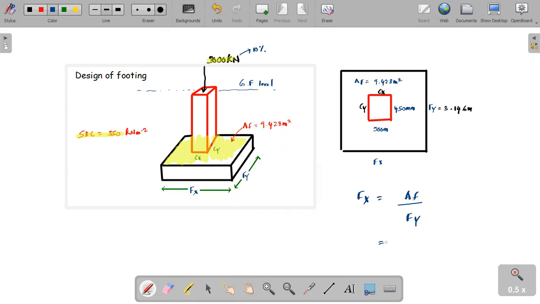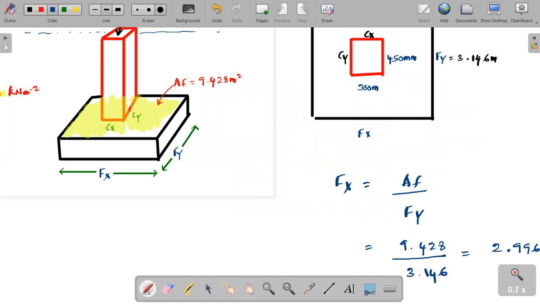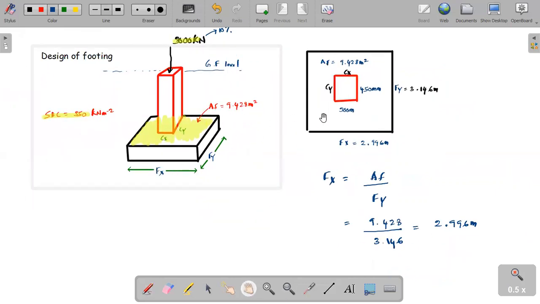So Fx should be equal to AF, we found 9.428, over Fy, we found 3.146. You can just divide this one. It will be equal to 2.996 meters. Then we found the Fy and Fx of this footing. So Fx is 2.996 meters.